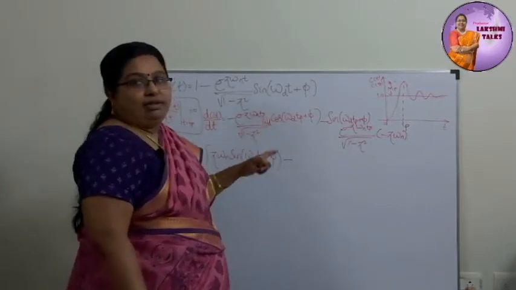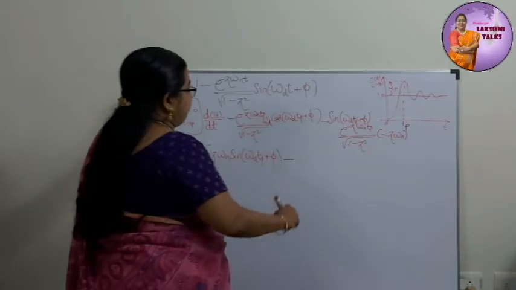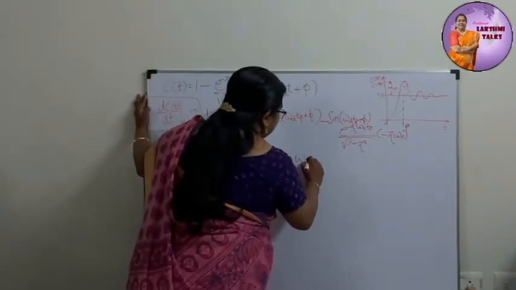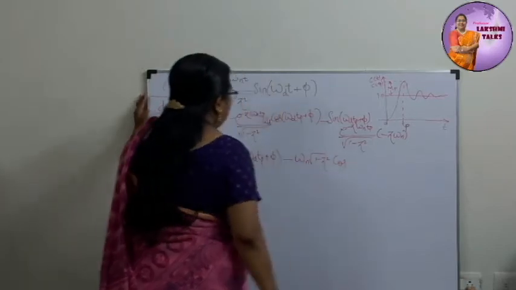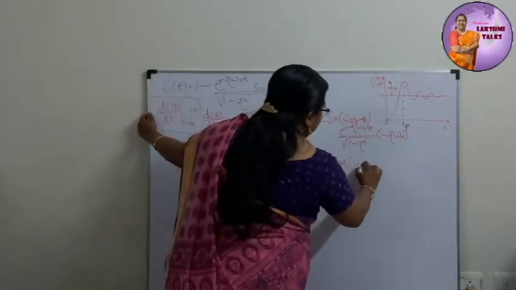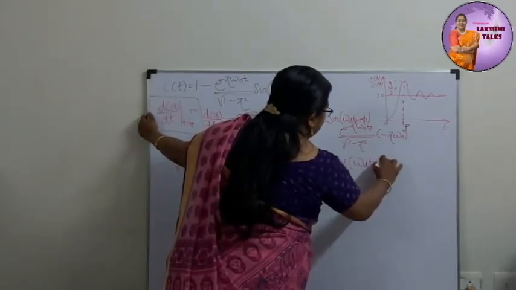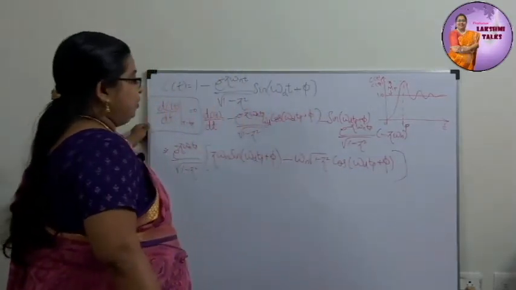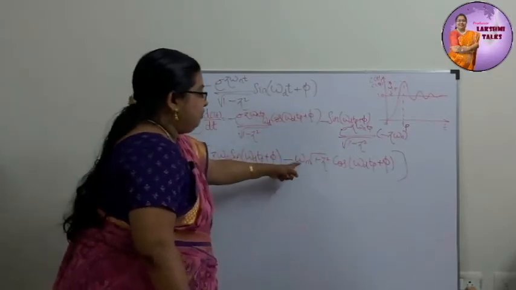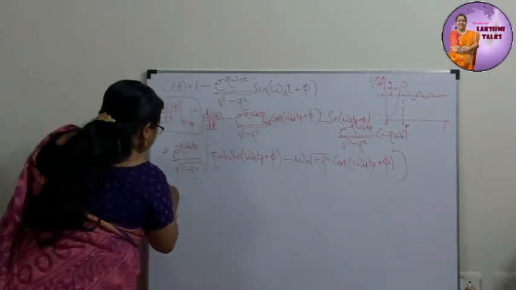What is omega d? We know omega d is nothing but omega n root of 1 minus zeta square. So omega n root of 1 minus zeta square into cos of omega d tp plus phi. Okay, since omega n is common, we'll take omega n also outside.